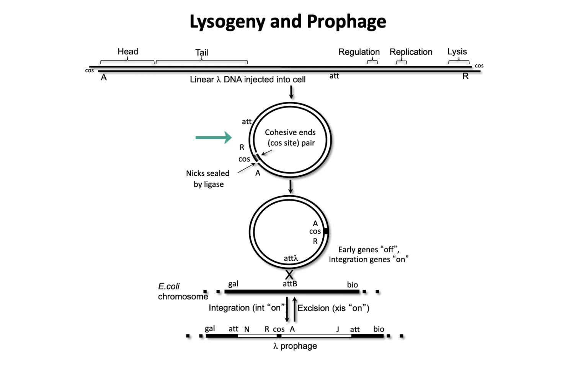So lysogeny is indicated here, where you first get circularization of the chromosome, and then there's a site on the lambda genome called attP, which matches up with an attB site on the host chromosome, and there's a crossover that occurs, and then the lambda is integrated into the host chromosome.